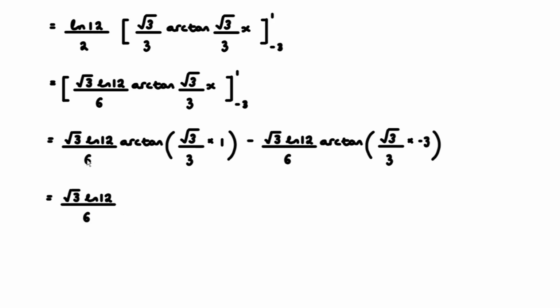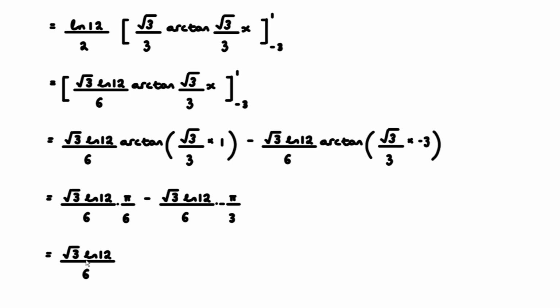So we've got root 3 times the natural log of 12 over 6, and the arctan of root 3 over 3, that's just pi over 6, and we subtract from this root 3 times the natural log of 12 over 6, and the arctan of negative root 3, that will equal negative pi over 3.